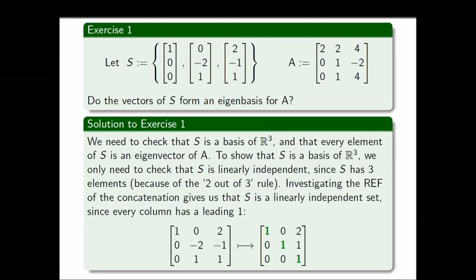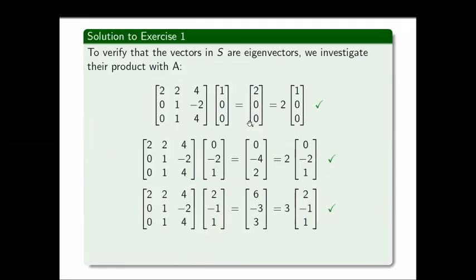So we will put these three vectors in a concatenated matrix and then reduce them to find their row echelon form. And since every column has a leading one, that tells us that these vectors are indeed linearly independent. So as a result, S is actually a basis of R3.